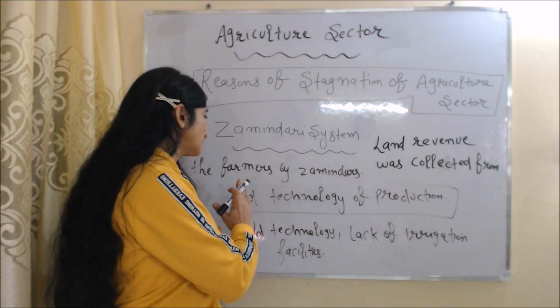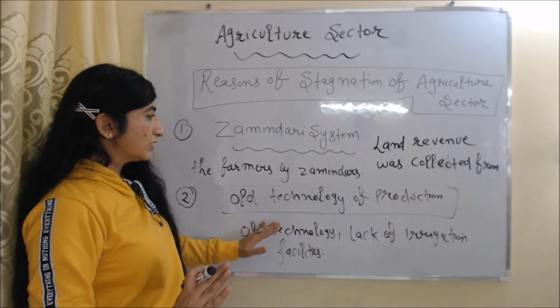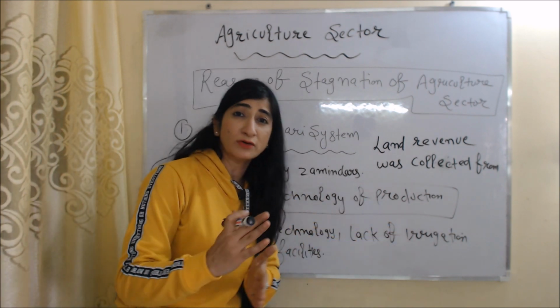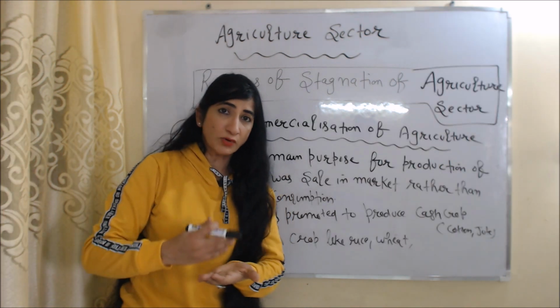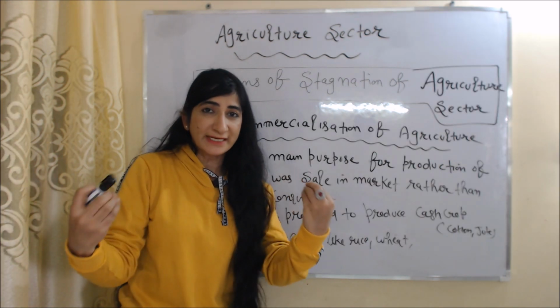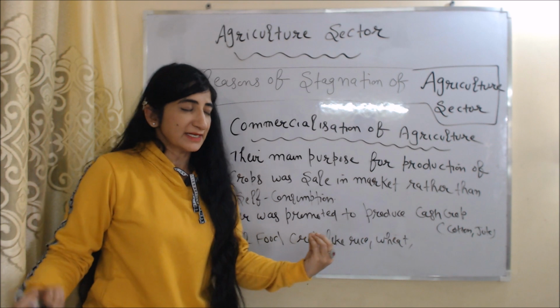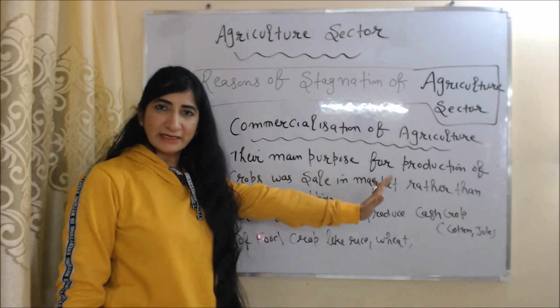The second reason for stagnation of the agriculture sector is old technology of production. There was also a lack of irrigation facilities. The third most important reason for stagnation of the agriculture sector is commercialization of agriculture.